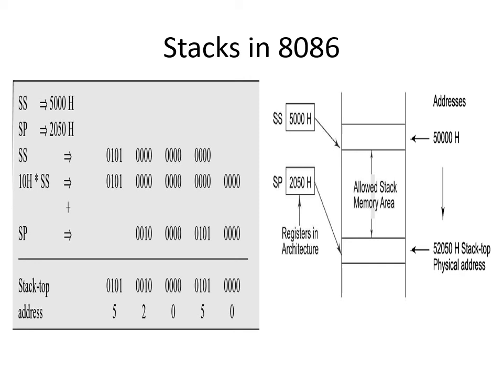In order to calculate the physical effective address, as you all know, your stack segment register has to be left shifted by 4 bits, which is equivalent to multiplying it by 10H. So you'll be getting 50000H. That will be added to your stack pointer.